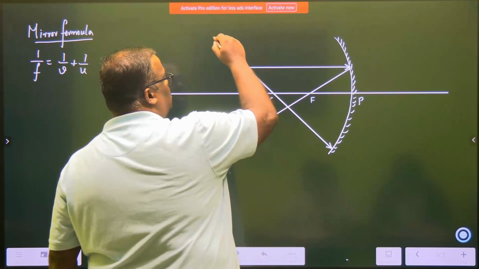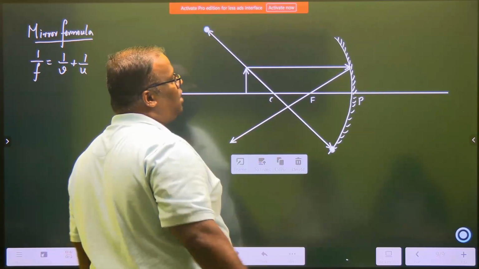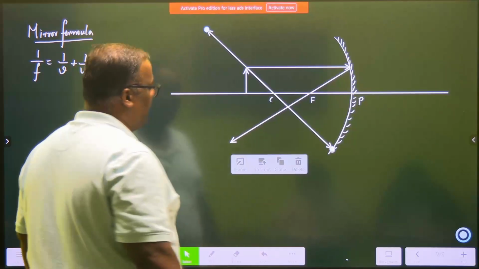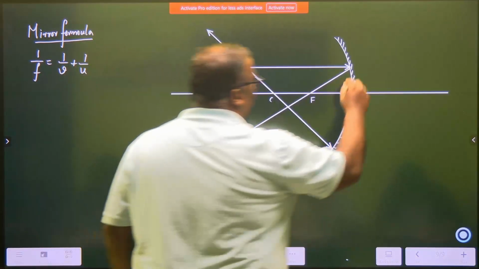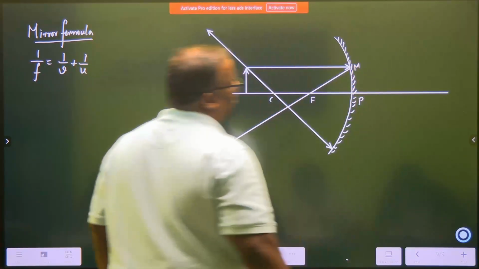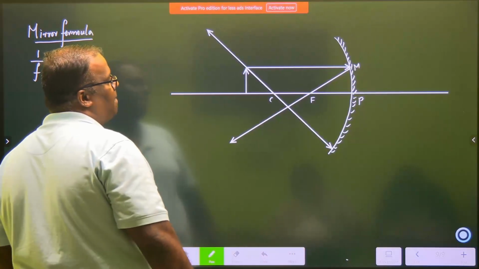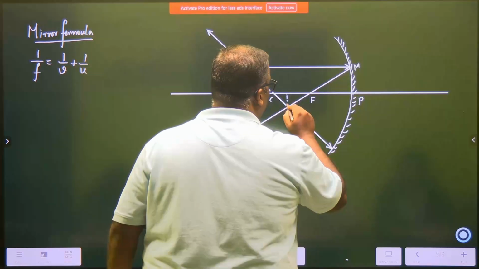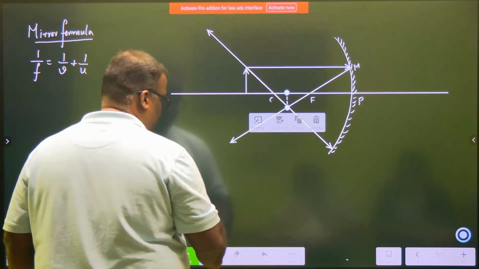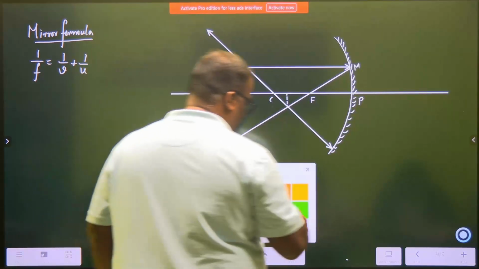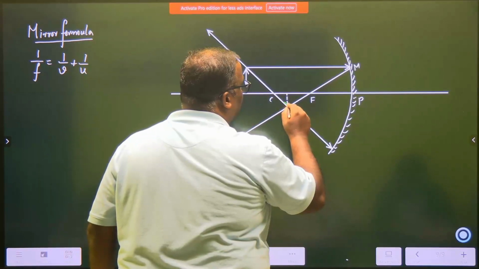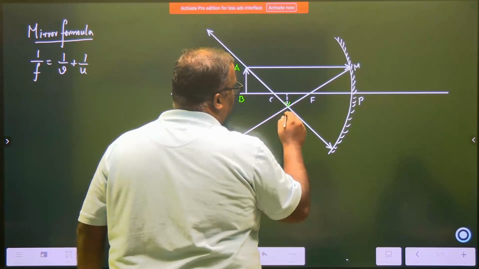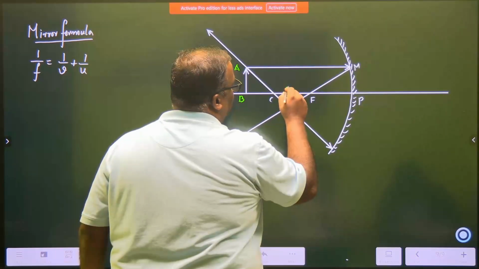So it's not that only 2 rays or 3 rays, there can be n number of rays through which this formation takes place. Okay. And again, put this point as point M. Okay. And I get my image out here. So I start naming it now. This is AB, and here it is A dash B dash.